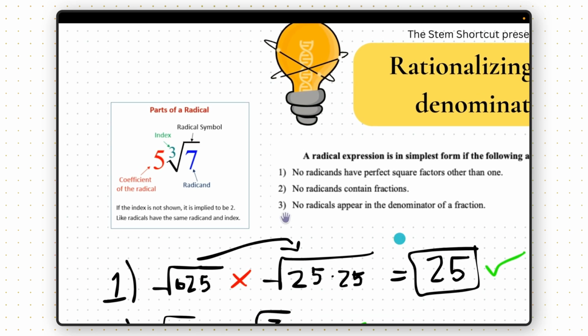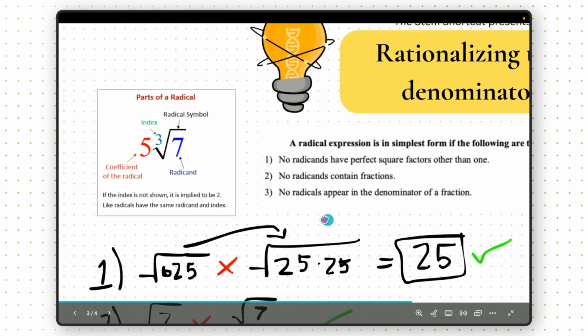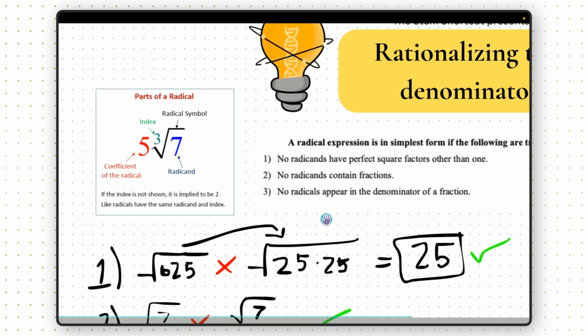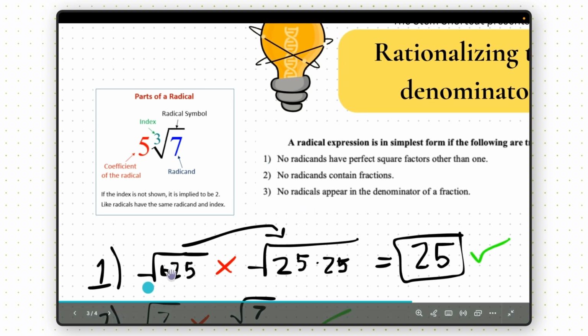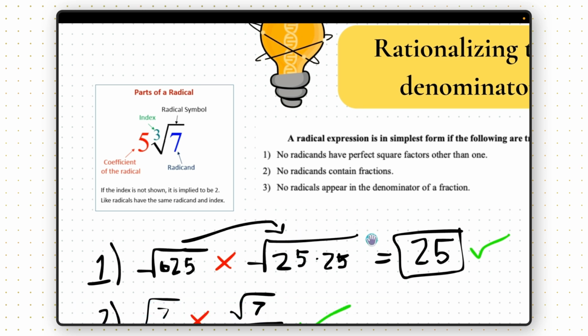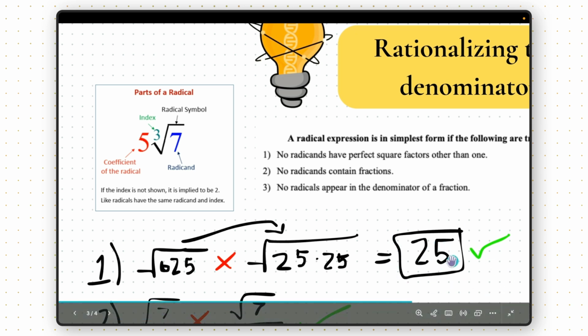So let's take an example of the first rule. We have the square root of 625, and obviously 625 has two square factors, which are 25 and 25. Using our product rule, we can split these factors and get our answer right here.